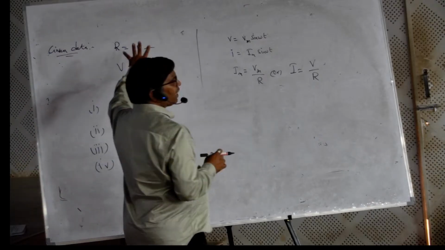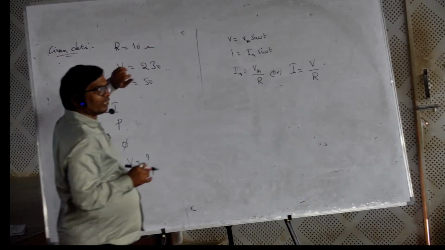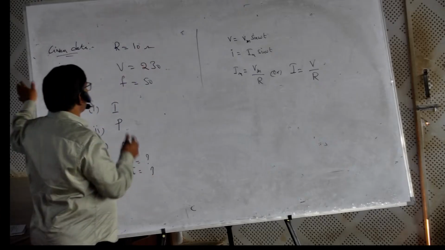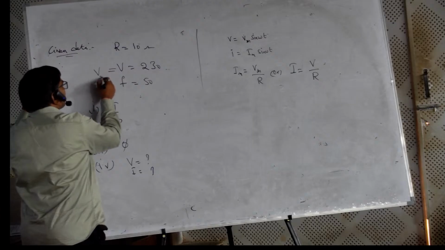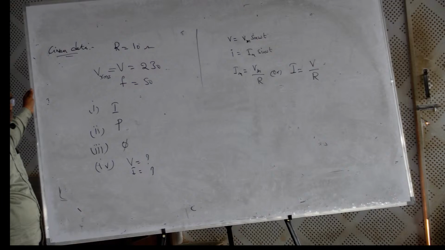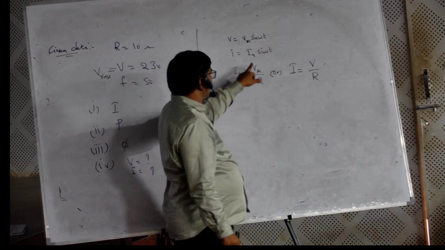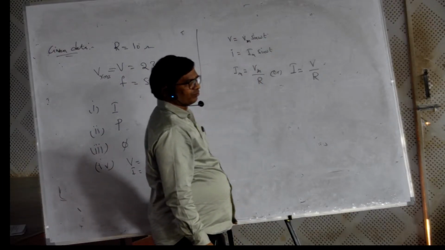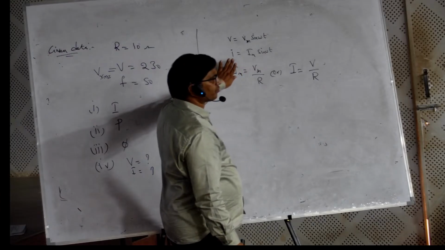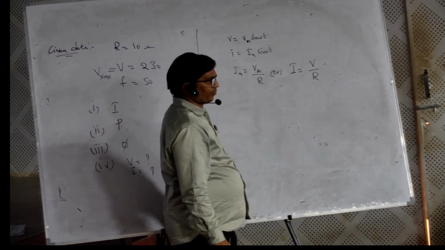See here, V is equal to 230 volts. What is this 230? Is it Vm? No, it is VRMS. We require the current, I is equal to V by R or Im is equal to Vm by R. So you need to find Im. Im is equal to Vm by R. What is Vm?